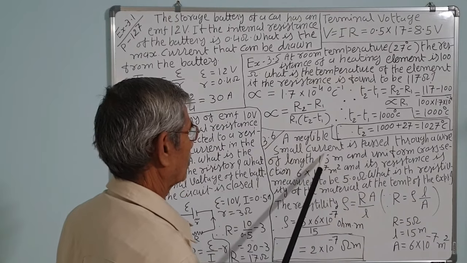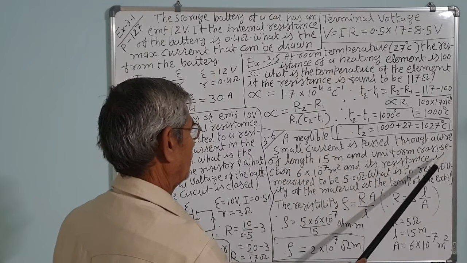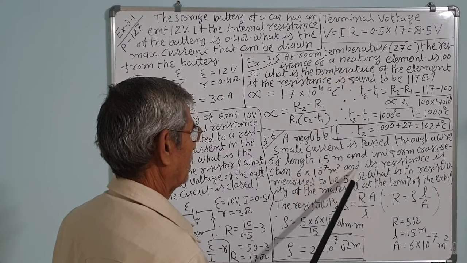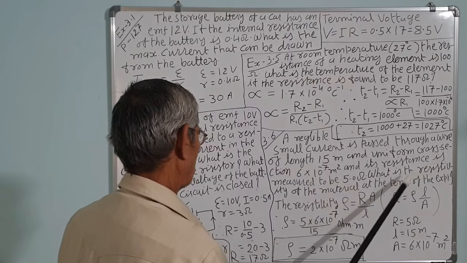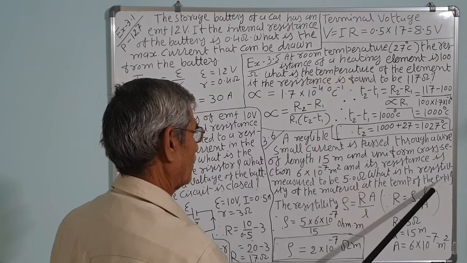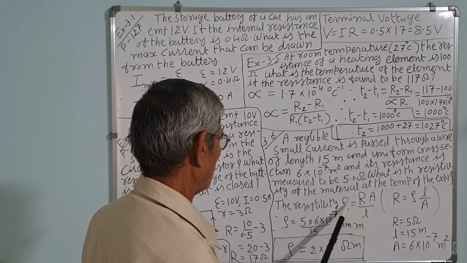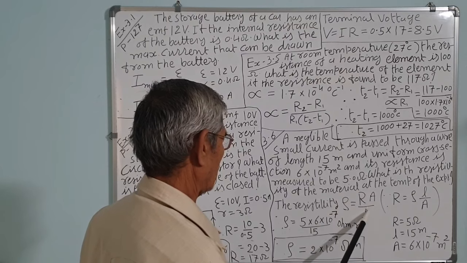A negligibly small current is passed through a wire of length 15 meters and uniform cross section area 6 into 10 raised to minus 7 meter square, and its resistance is measured to be 5 ohms. What is the resistivity of the material at the temperature of the experiment? The resistivity rho, we know, is equal to resistance R into cross section area A upon length L. Correct?